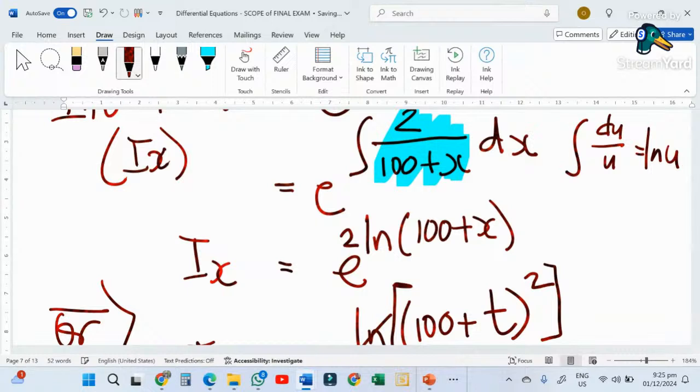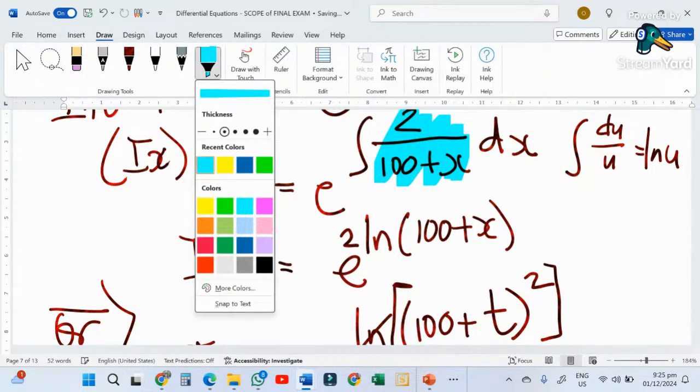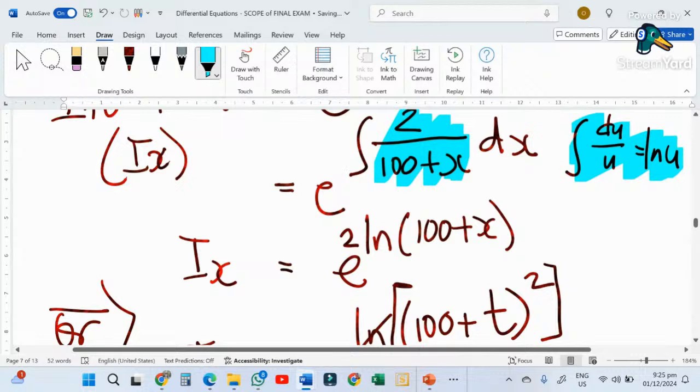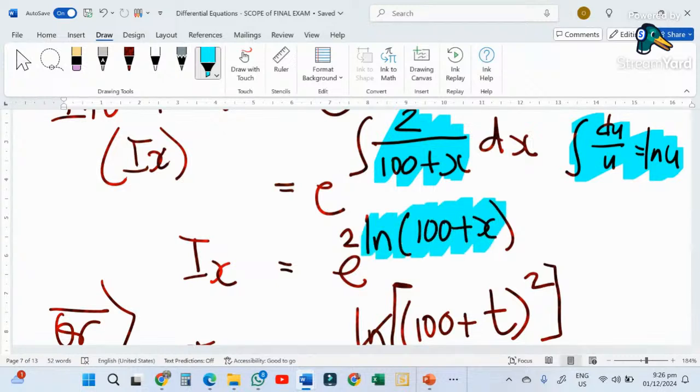We know this very well. Now, if our u is 100 plus x, our derivative is dx. So everything is in place, thereby having an integral of 2 over 100 plus x dx equal to ln 100 plus x.